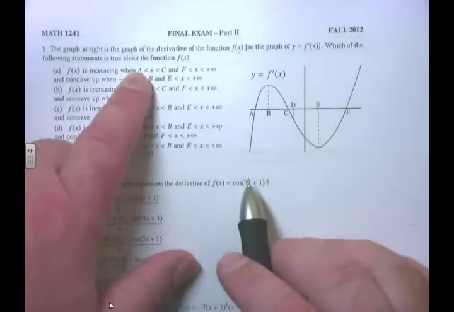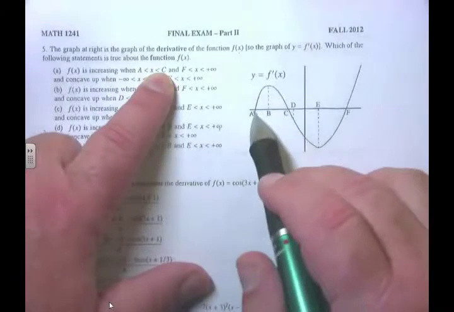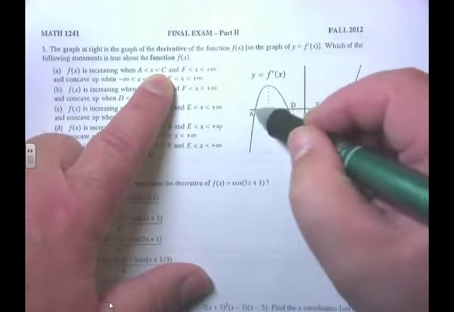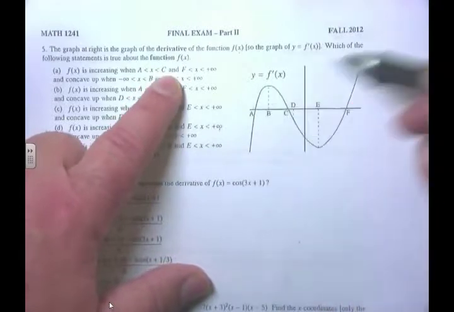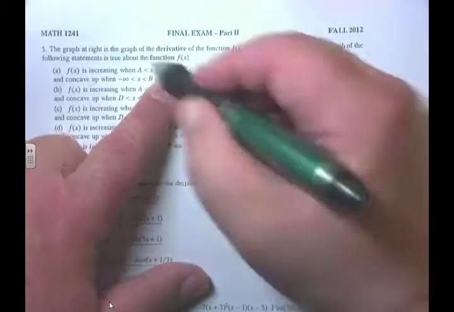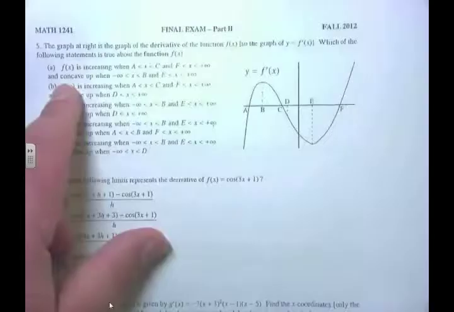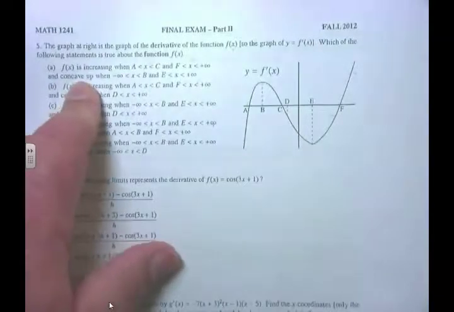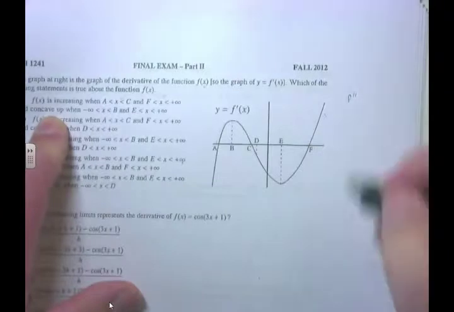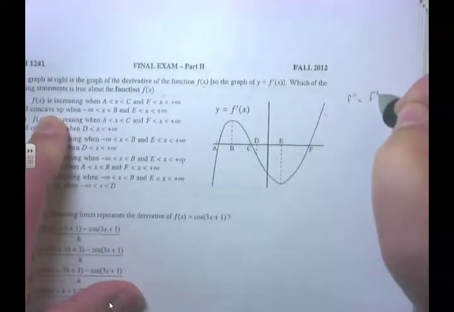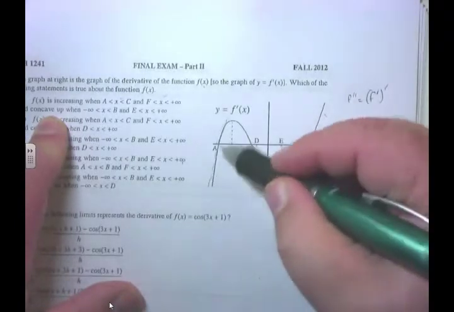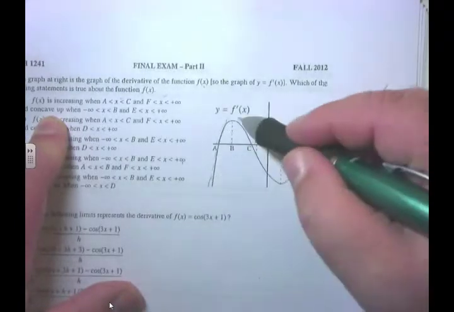f is increasing between A and C. To increase, the derivative has to be positive, which means it's above the x-axis. This is above the x-axis, that's true. And between F and infinity. Okay, so these parts are true, that's checked. And concave up. Concavity deals with the second derivative. But I want to remind you, that is the derivative of the first derivative. The derivative of this part over here is positive because the slope is increasing.